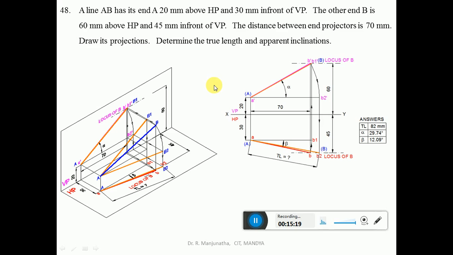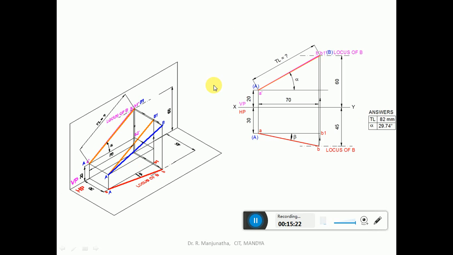Now the same thing which we have explained, stepwise. So here first we have considered the front view. First we have projected all these with both the distance above HP and in front of VP of the line end A and also the end B. Then drawn the horizontal projector with respect to the projector A and with the projector B. Then we got small ab in the top view and also A dash B dash in the front view, because both the end projectors will cut the locuses.